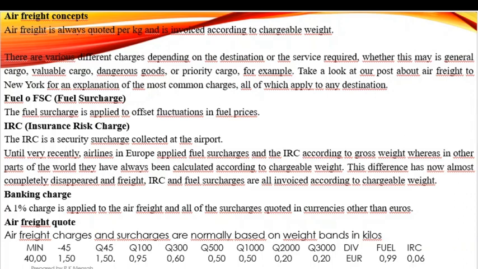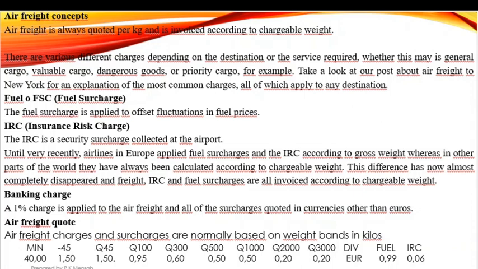It's a range between any figure up to 45. We charge 1.5. From 1.5 to 45, we still charge 1.5. But from 45 to 100, we charge 0.95. Now look at the difference. This is 1.5, but when it goes there, 0.95. It did not increase, it reduced.